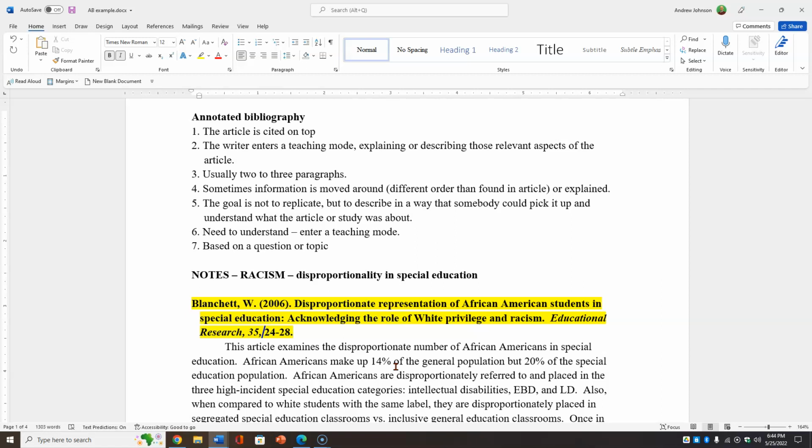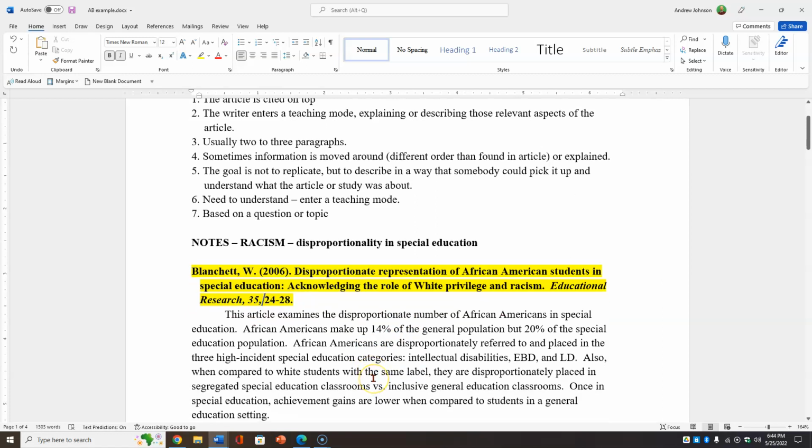Now the onus is on you to make sure you explain, you describe. And doing this, sometimes you have to present the information in a different order than is found in the article, or maybe you need a bit more explanation. But the onus is on you to describe the relevant information, the information related to your question or your topic.